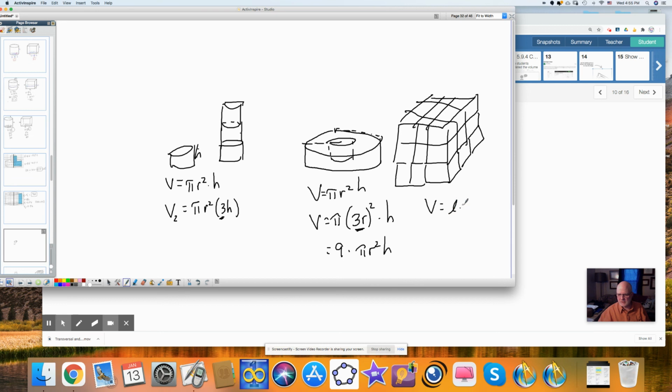It's equal to the length times the width times the height. And if I triple the length, triple the width, and triple the height, it's going to be 27 times larger than the original. Wow. So this would definitely have the biggest effect. Notice, because I'm squaring the r, this one's going to be bigger than this one, not the same.